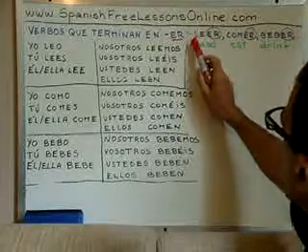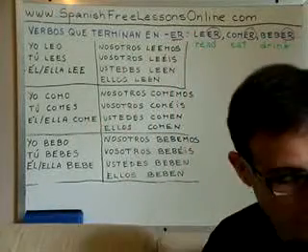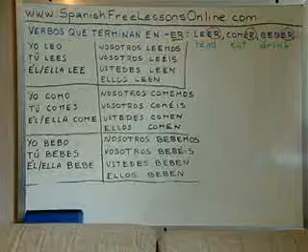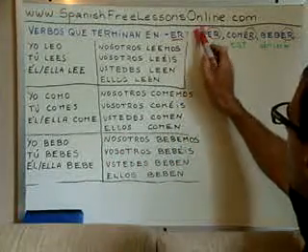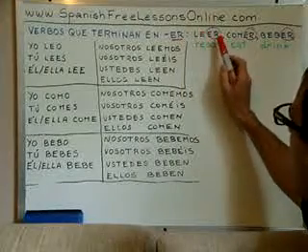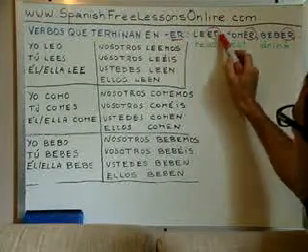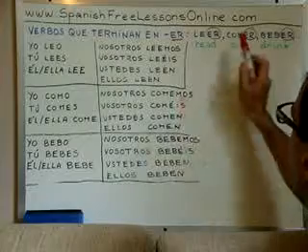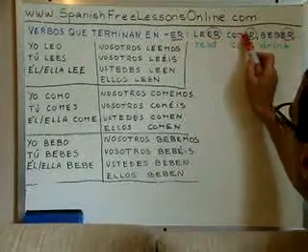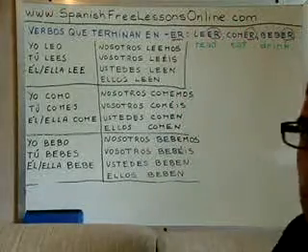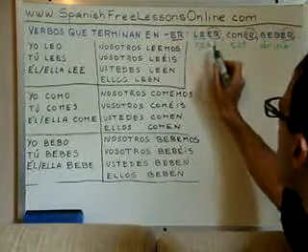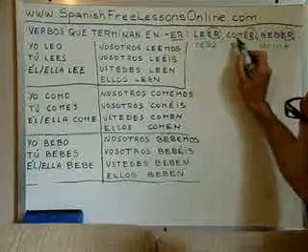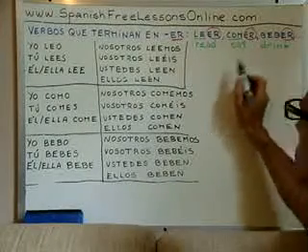The verb has a root. Oh, my cell phone is beeping all the time. The verb has a root, here the beginning of the word, and the termination ER. Here the root is com. Let me underline the root of the verb in green. Le is the root. Com is the root.